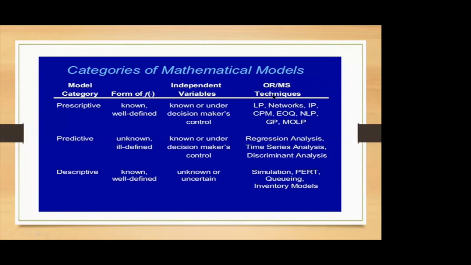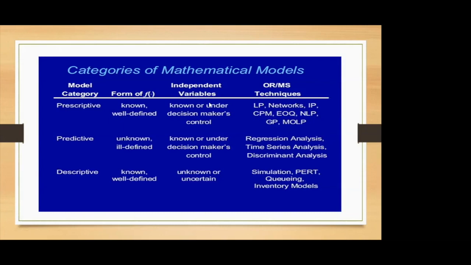You can see some of the techniques we use in each model. For prescriptive models, these are some of the techniques: LP, the linear programming technique, CPM, EOQ, economic order quantity, critical path method, and network diagram. All these are some of the techniques that we use in the prescriptive model. It's the last model that we have seen. We prescribe something for the outcomes.